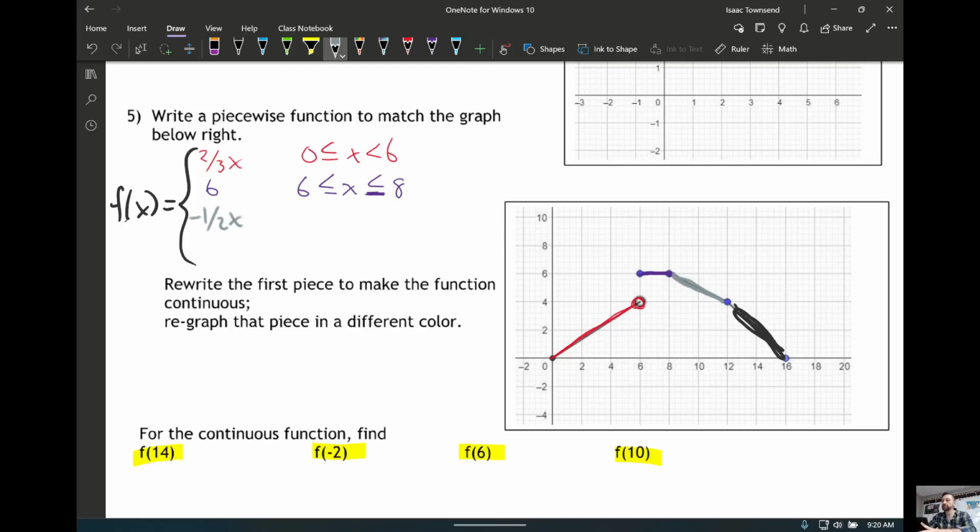So one strategy is, depending on the graph, you could just take this slope and backtrack till you can see where it hits the y-intercept. Since I already included x equals 8 here, I'm not going to include x equals 8 there. It's got to be bigger than 8, and then it goes to 12. It looks like that's a closed circle, so I'm going to include 12.